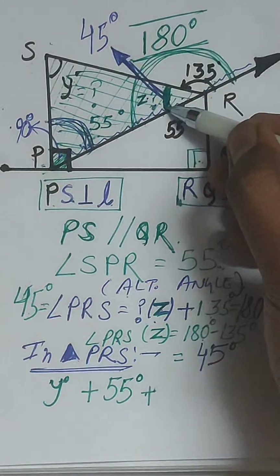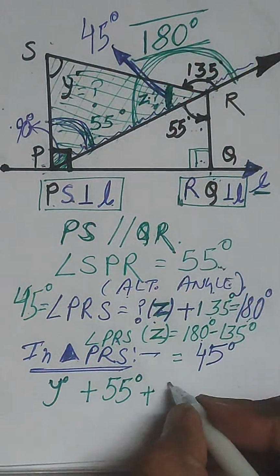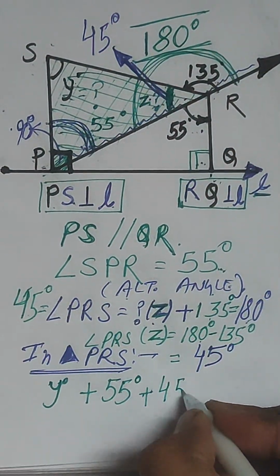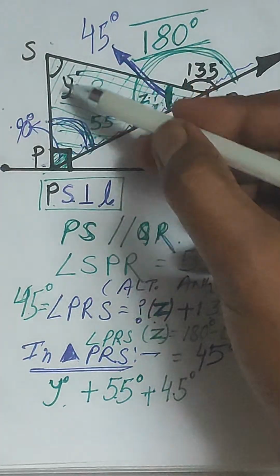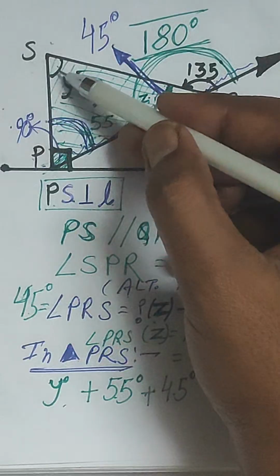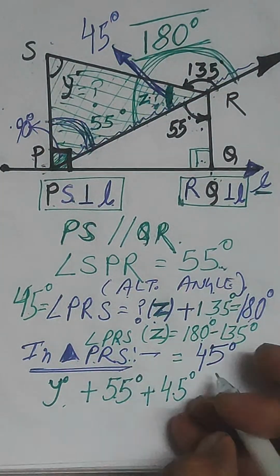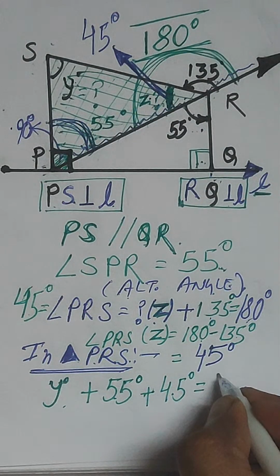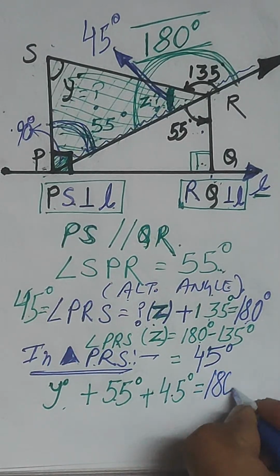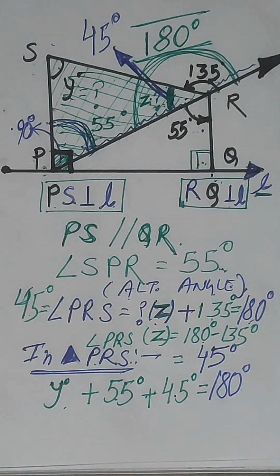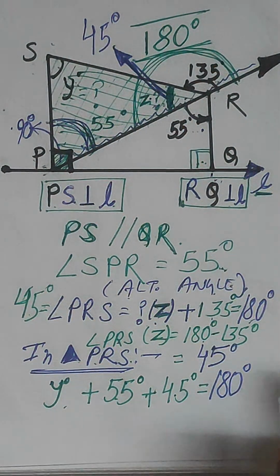The third angle is this Z, and the value of this Z is calculated as 45. So add 45. Now all three angles of triangle PRS are completed, and all this will add to give you the sum of 180 degrees. Why? Because the sum of all angles of any triangle is 180.